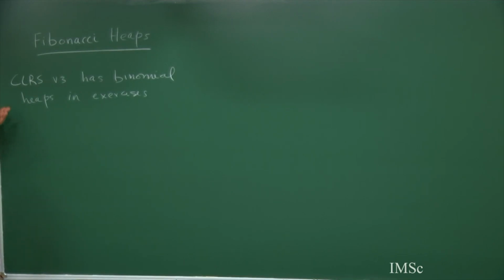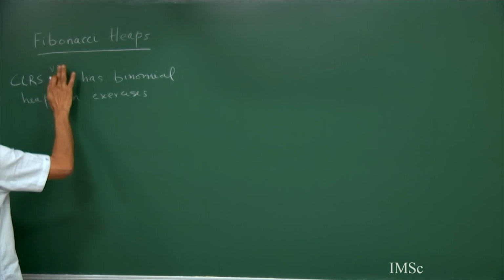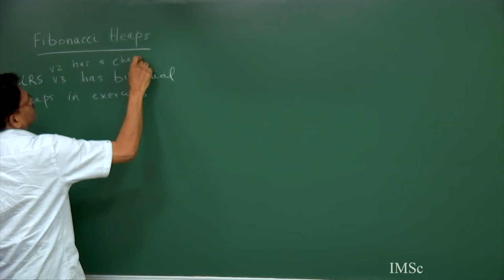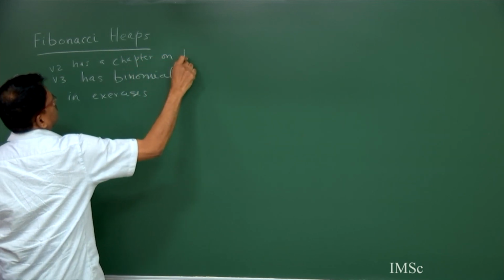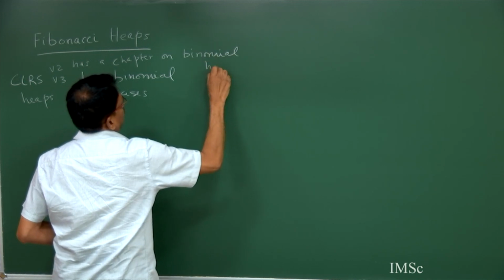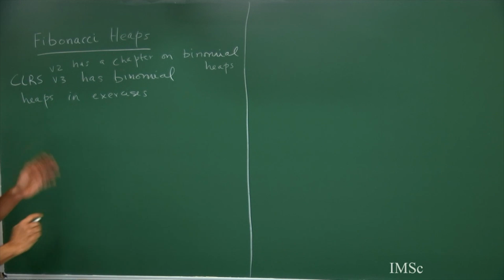But the earlier version, version 2 or 1, has a whole chapter on binomial heaps. But today's lecture would be reasonably independent, so I think I'll directly get to Fibonacci heaps.